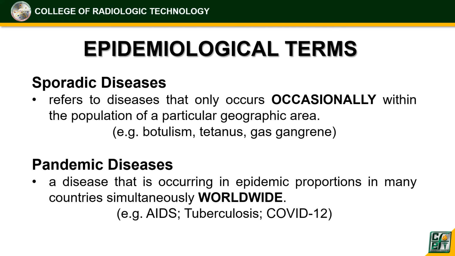So, class, now you know the different epidemiological terms, especially when it comes to disease occurrence. We have the epidemic, the endemic, the sporadic, and the pandemic.